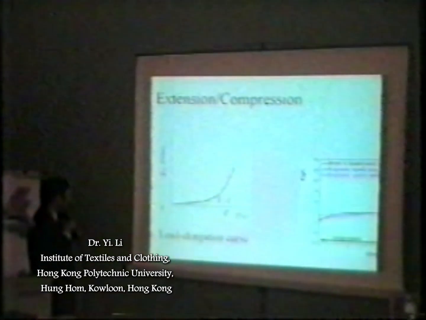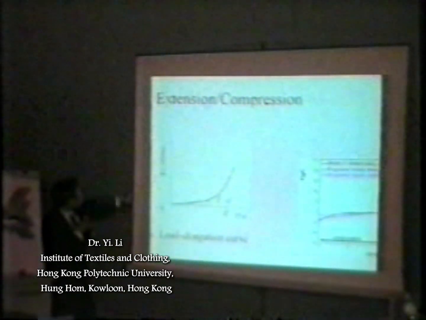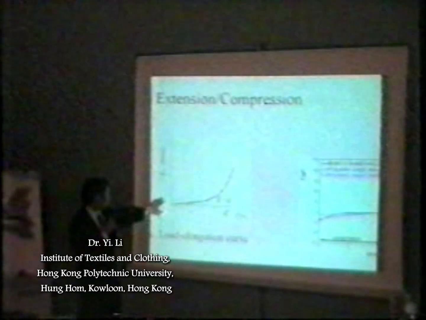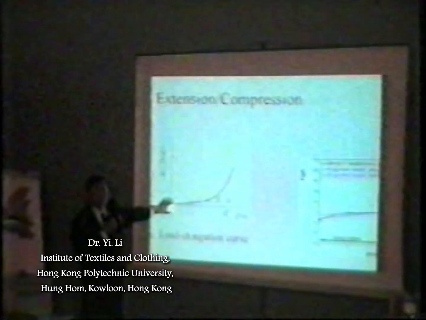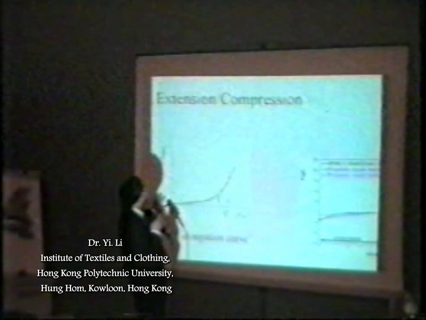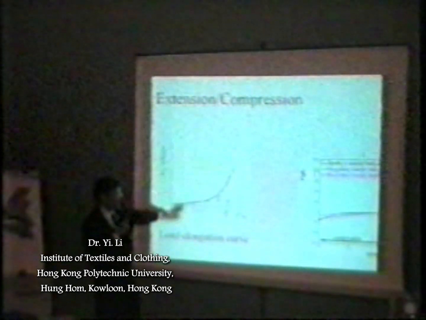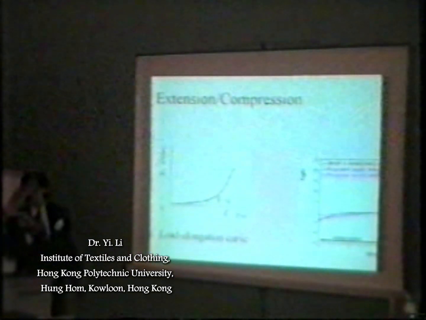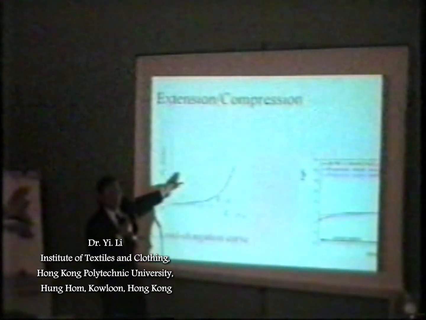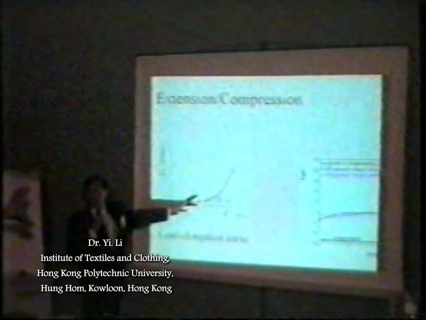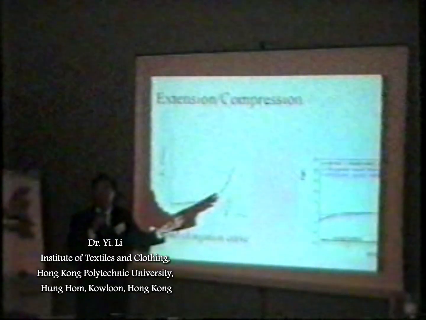One issue is extension and compression, for which we start from the fundamental relationship between the elongation and the loadings. The model is presented as the force being proportional to the Young's modulus and the deformation itself.